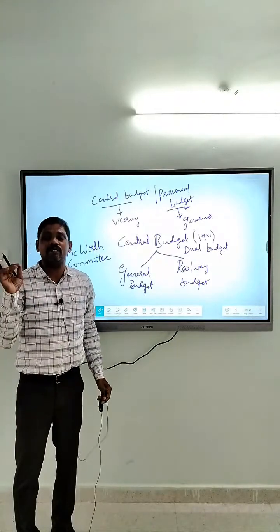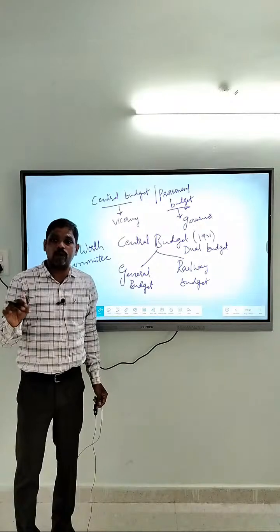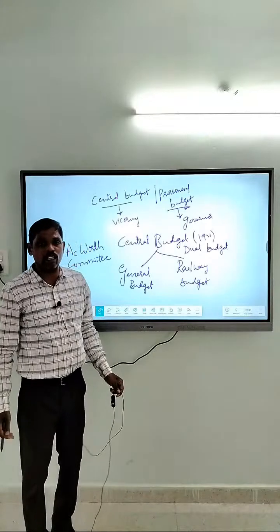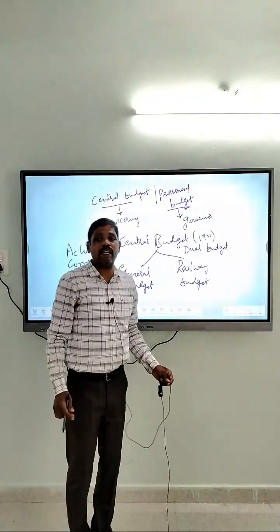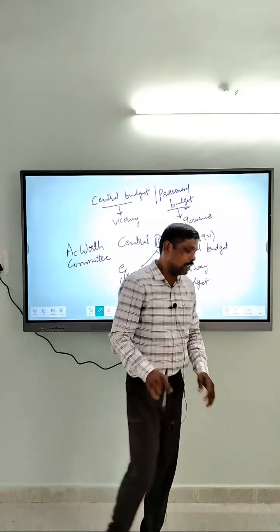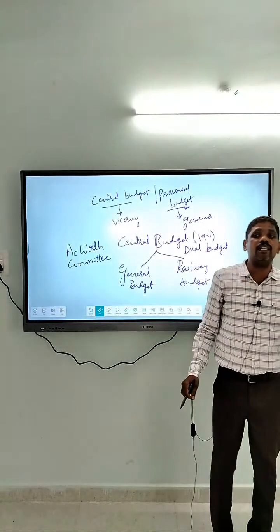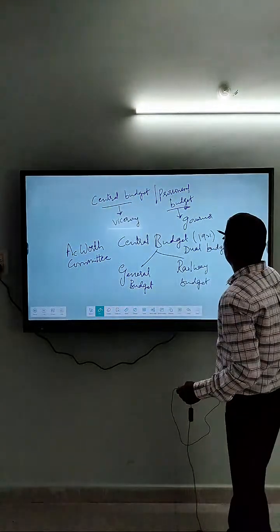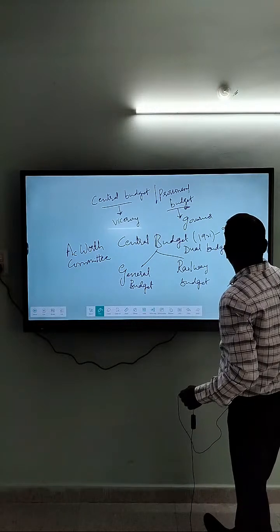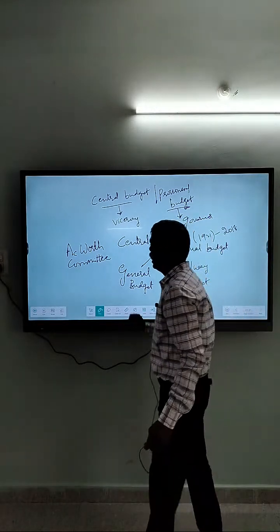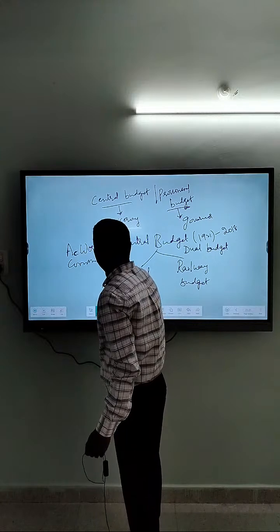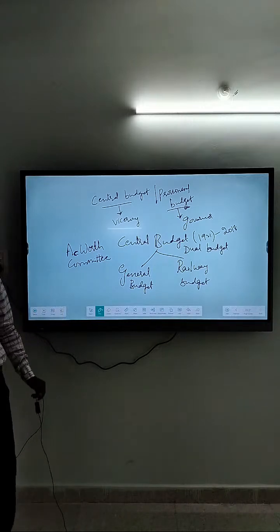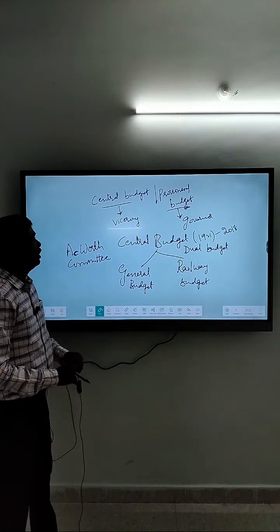Till 2018 we had dual budgeting in India. It was only in 2019 that the railway budget was again merged with the general budget. It was done by the then finance minister Arun Jaitley. So from 1921 to 2018 we had this dual budgeting, introduced on the recommendations of the Ackworth Committee.